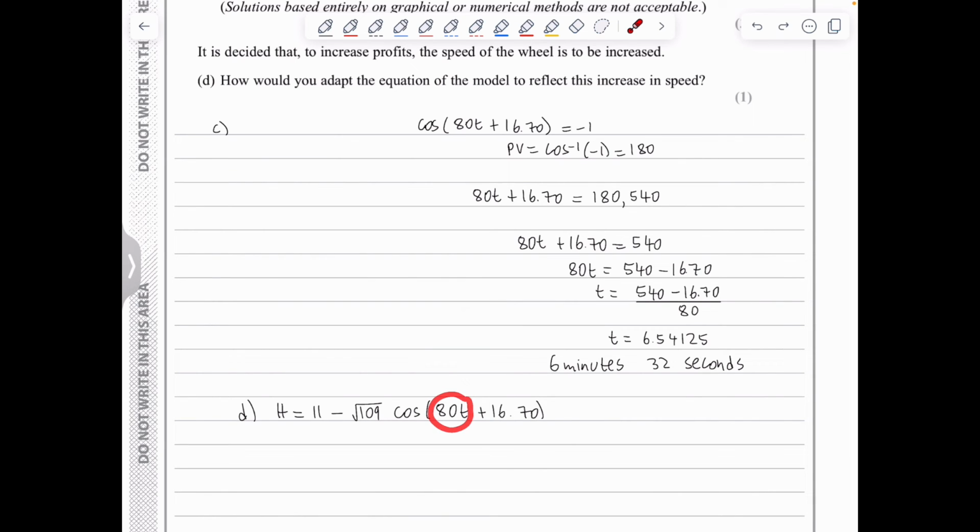The rest of the numbers are transformations that do not affect the period, how often this wave repeats itself, and therefore the speed of the wheel.